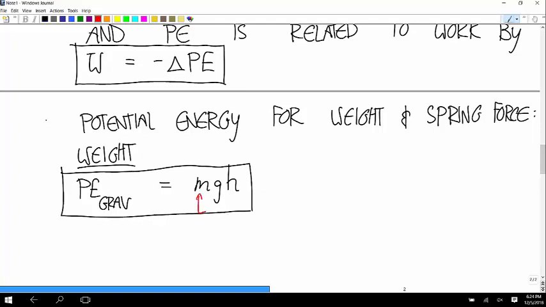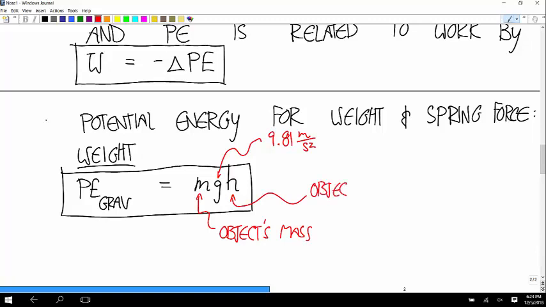Okay, so this is the object's mass, g is positive 9.81 meters per second squared, and h is the object's height. That means that any object's potential energy increases as it goes up and decreases as it goes down.